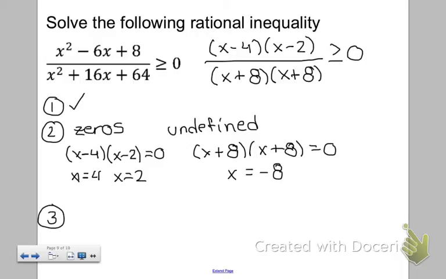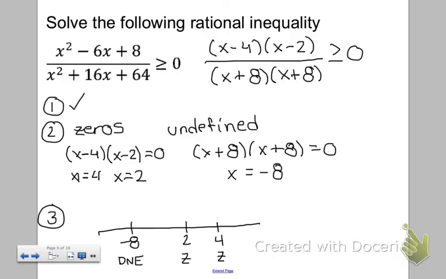Alright, I get to put all 3 of those values on my number line. I've got negative 8, 2, and 4. Now remember that negative 8 is on there because it does not exist or it's undefined. 2 is on there because it's a 0, and 4 is on there because it's a 0.